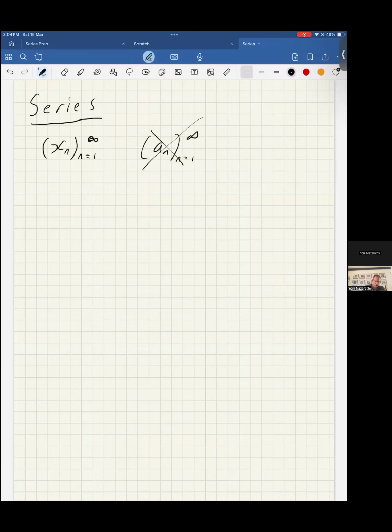And we call this thing that looks like a summation of n going, typically starting at 1, but not necessarily, 1 to infinity of x_n, a series. Okay, the distinctive feature is, of course, that we have this infinity at the top.